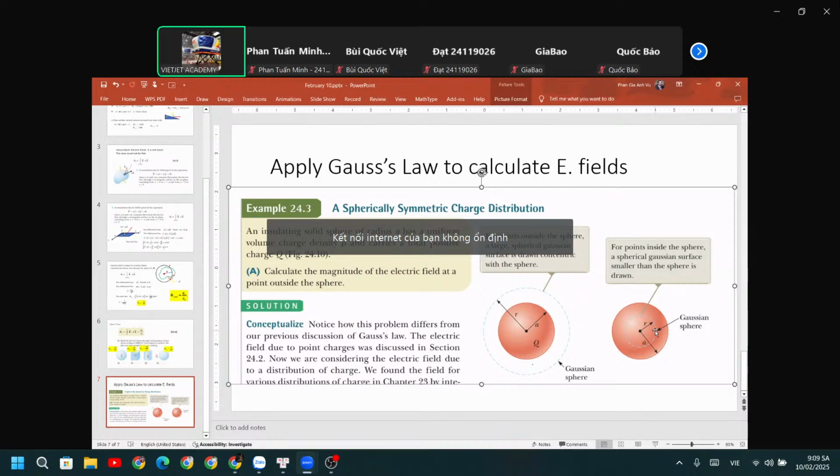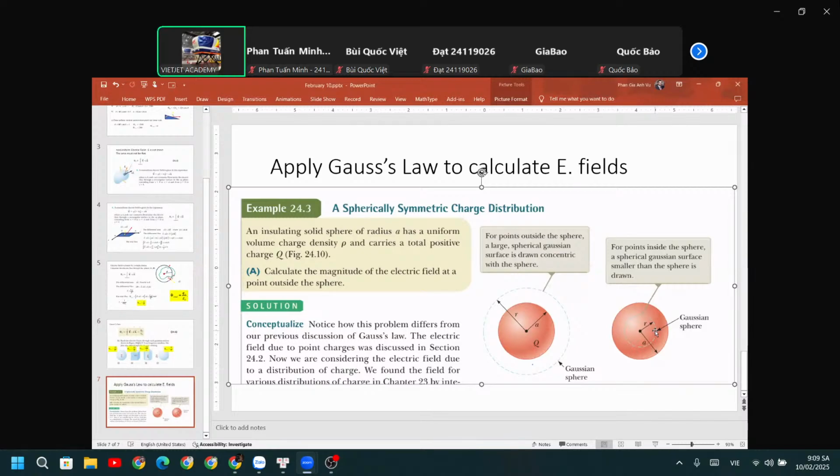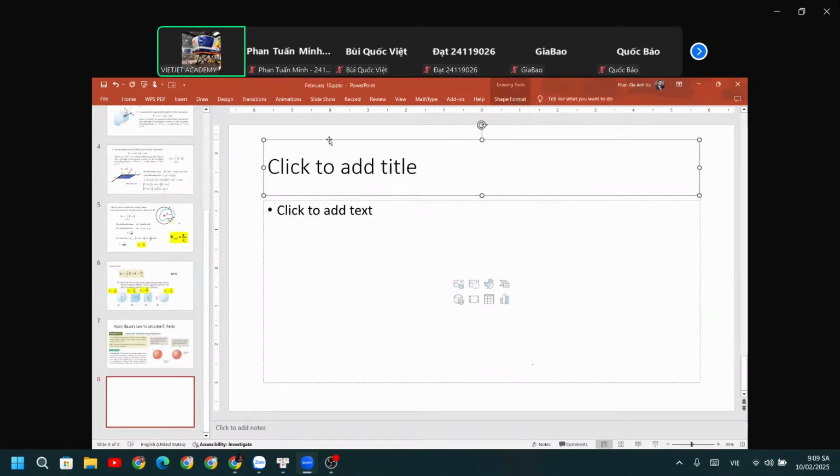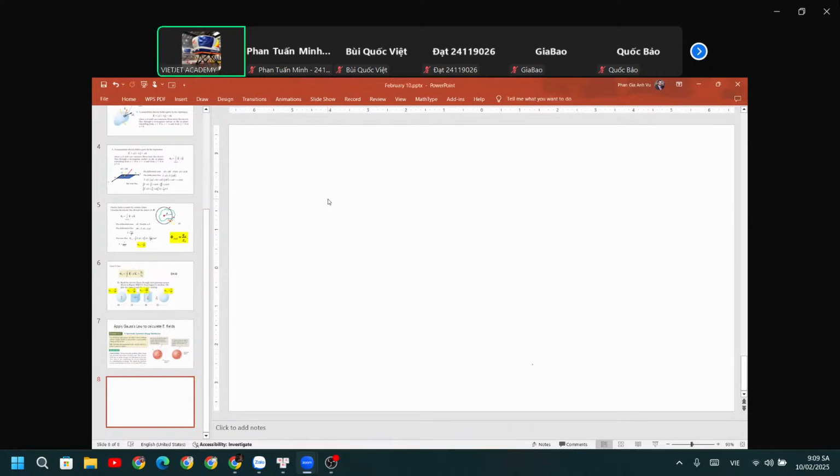If you apply the integral technique, okay, please, if you can, right? But whenever we know the Gauss law, we don't calculate the integral anymore because Gauss helps us to do that very, very easily. Okay, so let's start with the situation in which we have the charged object, the solid sphere with the total charge Q, right, like this one.